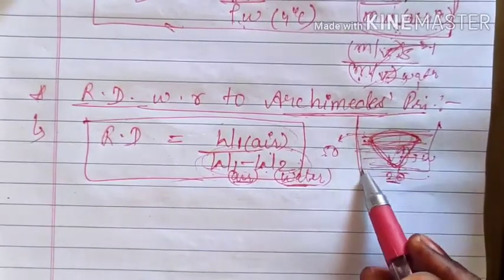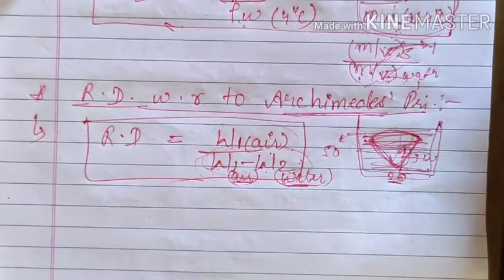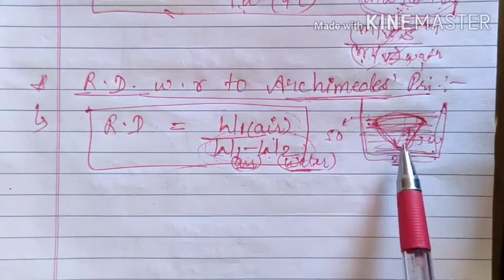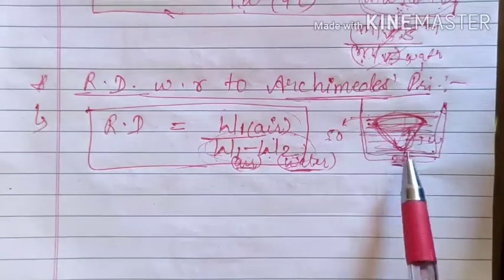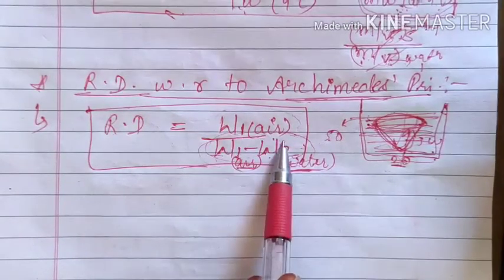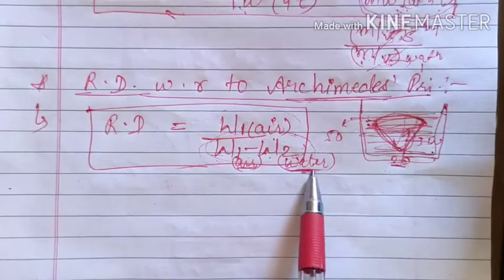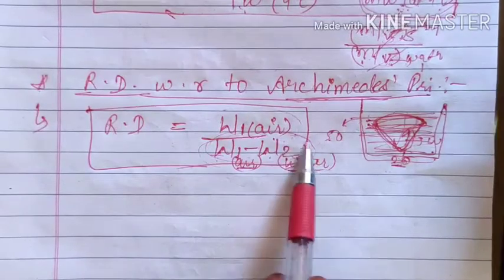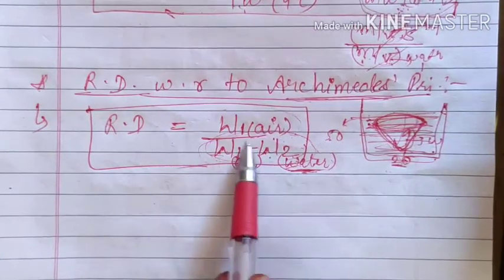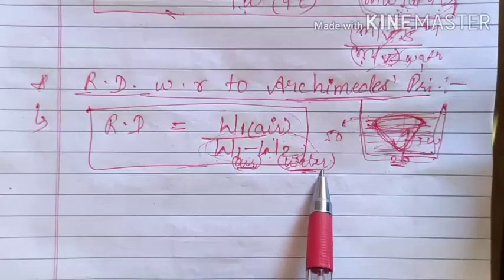As soon as it is submerged into the liquid, its weight will decrease. So here we will need only two things, that is the weight of the body in air and the weight of the body in water. So the weight of the body in air and the loss in weight, or you can say upthrust, will be weight of body in air minus weight of body in water.